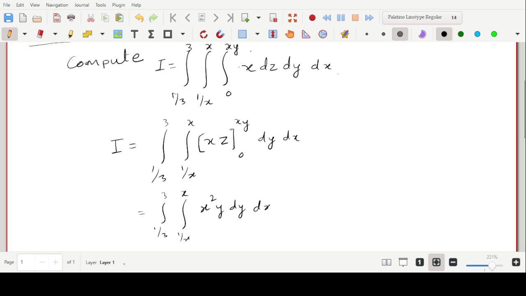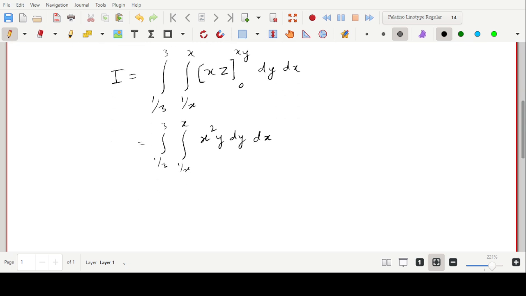dy dx. Now look here, this has now reduced to a double integral after integrating with respect to z. So now we are in our familiar domain of double integration, and we shall proceed as we used to do earlier.